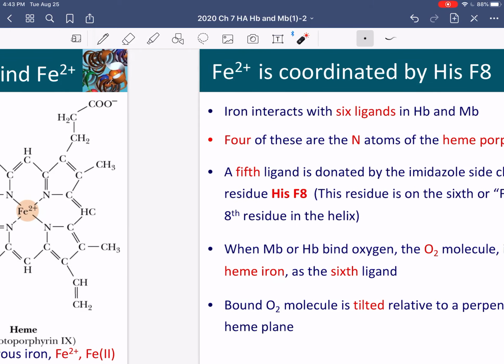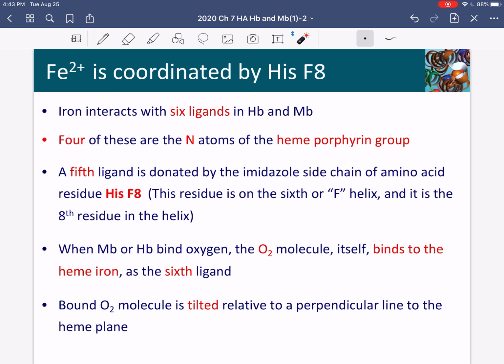So the 5th coordinating nitrogen is coming from the imidazole ring of the histidine, position 8 on helix F. That's the 5th ligand. Ligand is a fancy word for binding entity. So the 5th ligand for the iron is histidine F8, and the oxygen molecule is the 6th ligand.